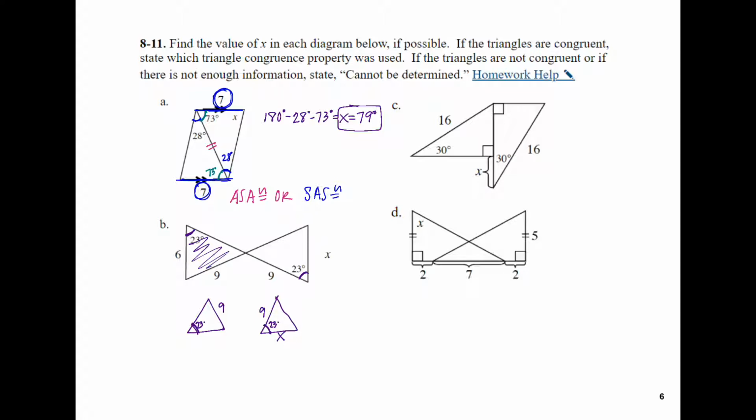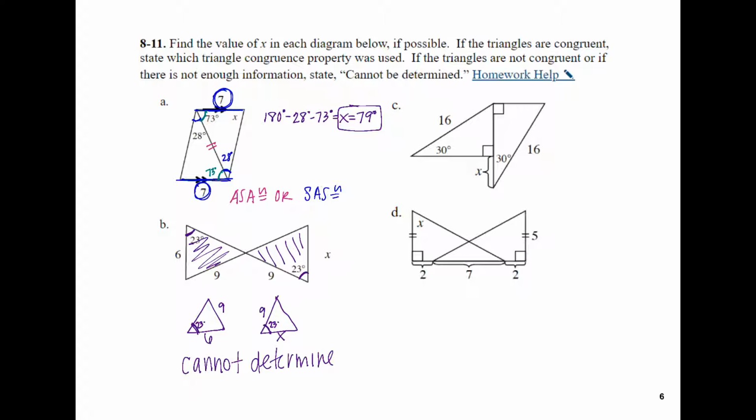In this triangle, my 9 is opposite of my 23. In this triangle, my 9 is adjacent to my 23 degrees. So we cannot determine whether these are congruent or not because we don't have enough information.